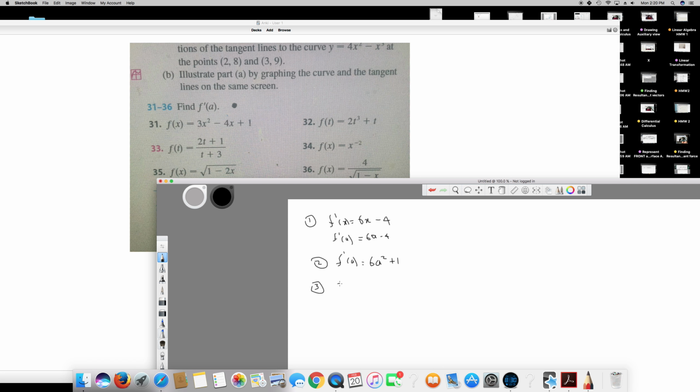So 2 is my top derivative, and the bottom we are going to just write the same, t plus 3, and now deduct the bottom derivative multiplied by the top.